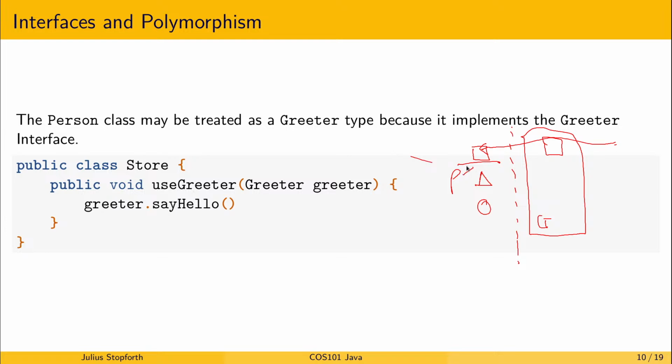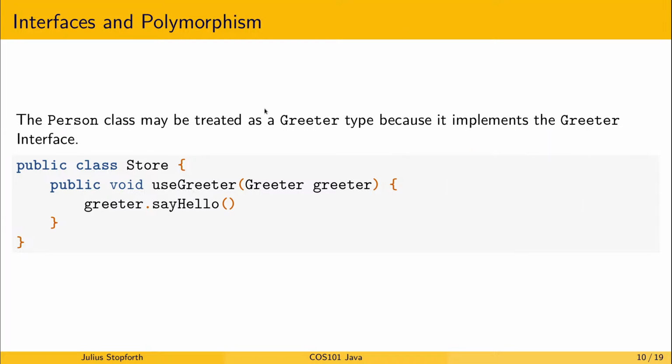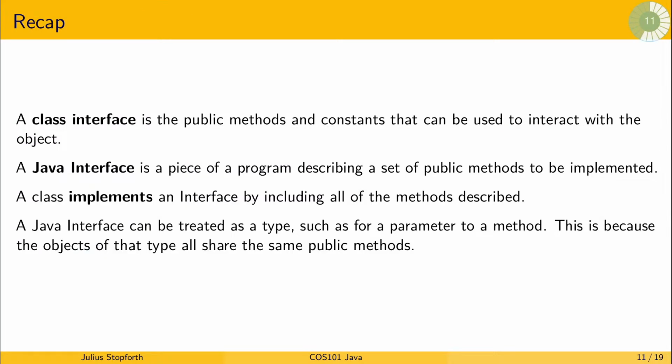All right, cool. So now we can get to the point that someone made earlier. We can just quickly recap everything. A class interface is the public methods and constants that can be used to interact with the object. A Java interface with a capital I is a piece of a program describing a set of public methods to be implemented. If a class implements an interface, it has to override and include all the methods in the interface.